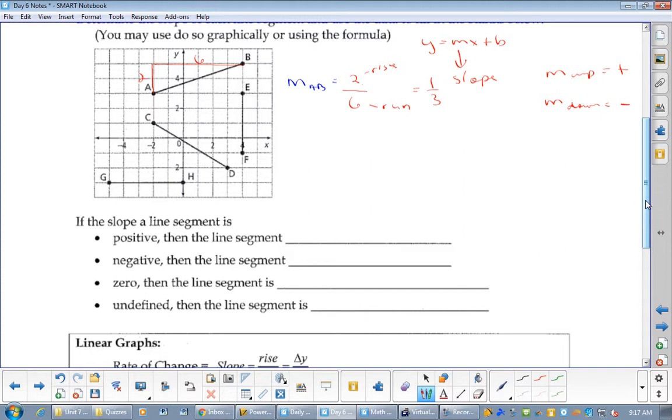Okay, let's do m of CD. Again, a very efficient way of saying find the slope of CD. That's what mCD means, right? So you're just translating from math to English. Now, for CD, we're going to go down and to the right. If you go down from C, we went down -3.